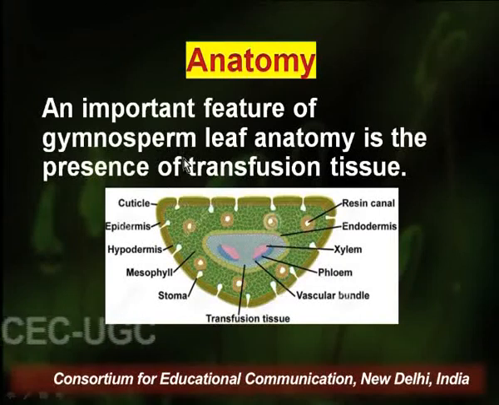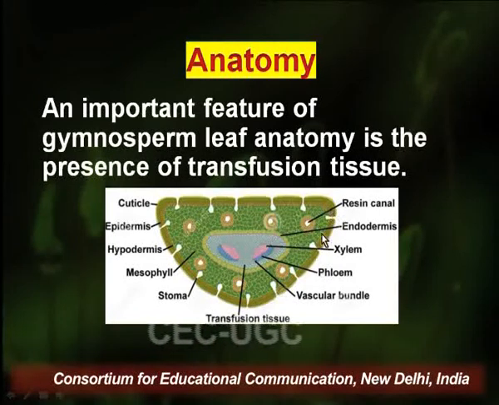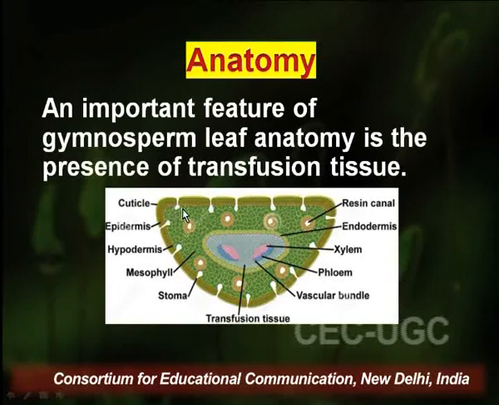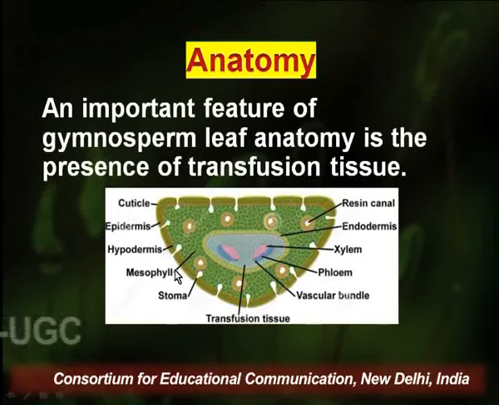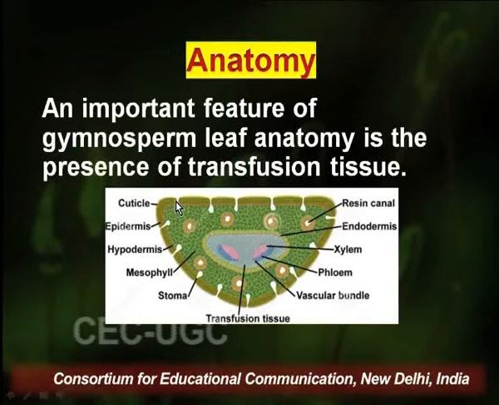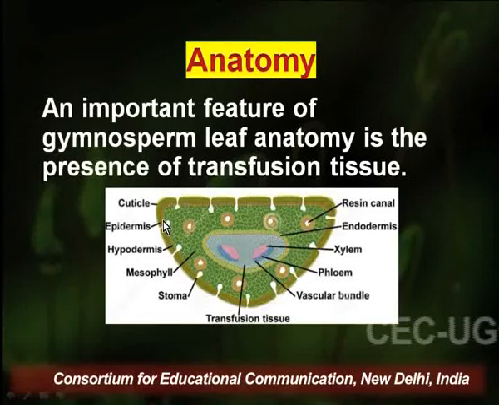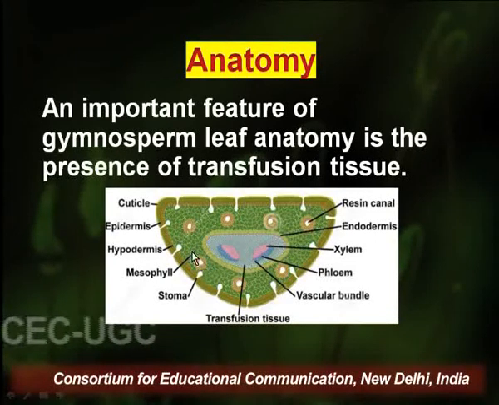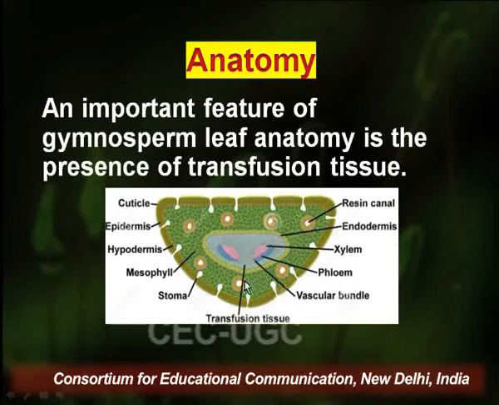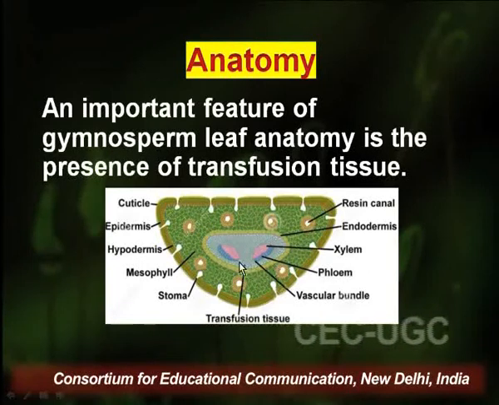When we talk about the anatomy of leaf, the leaf has an outer epidermis which is covered by cuticle, and the epidermis is interrupted by sunken stomata. In the center of the mesophyll tissues, which are green mesophyll tissues, lies the vascular bundle.